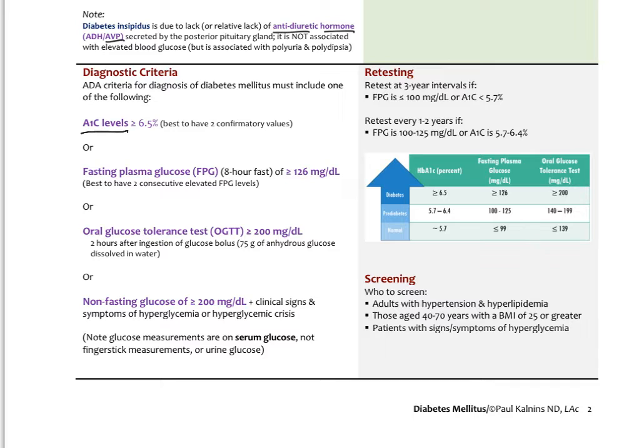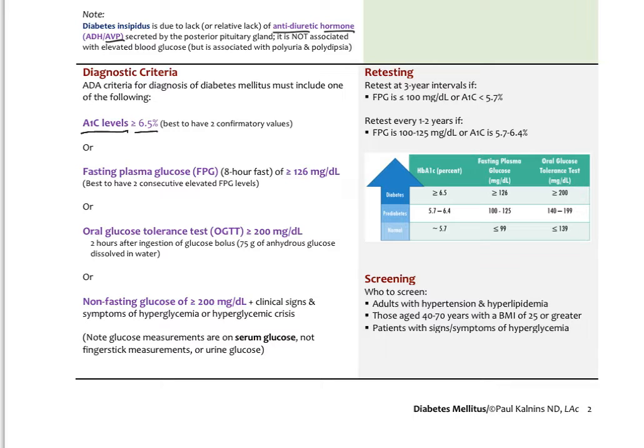So the higher your blood sugar has been over the last 3 months, the higher the percentage of glycosylated hemoglobin. This is expressed as a percentage, and anything equal to or over 6.5%. Usually we need 2 confirmatory values, but typically we would just start with 1. If it's over 6.5%, then there is a high likelihood that it meets the criteria for diabetes.